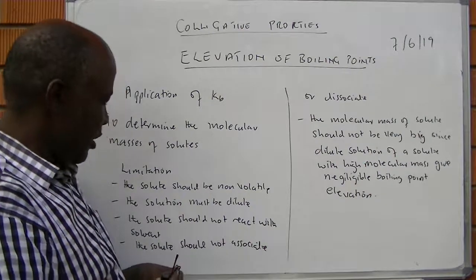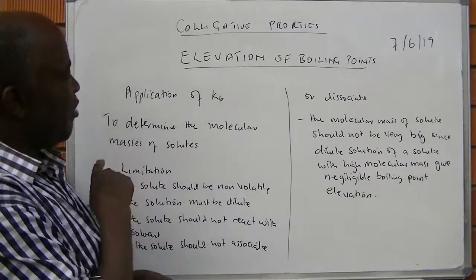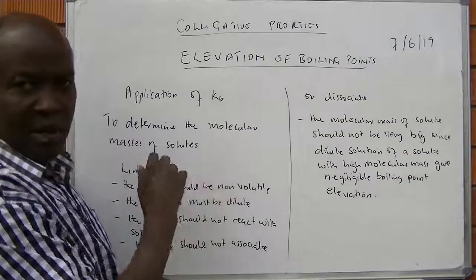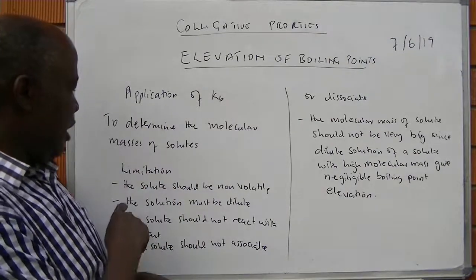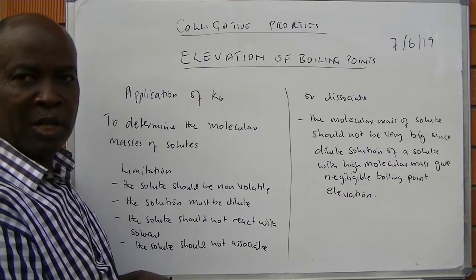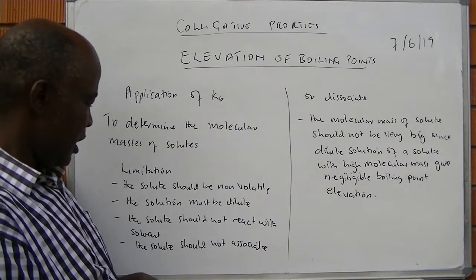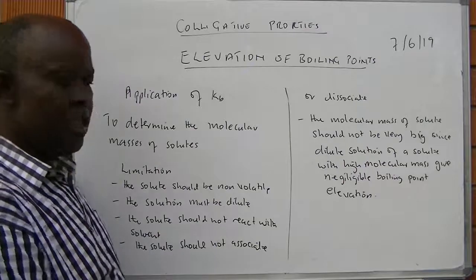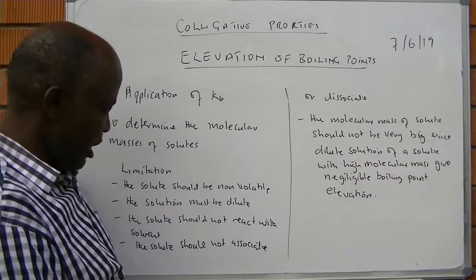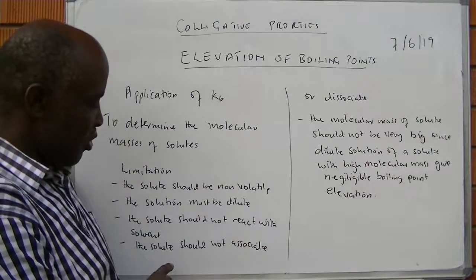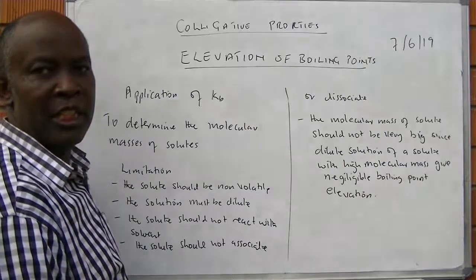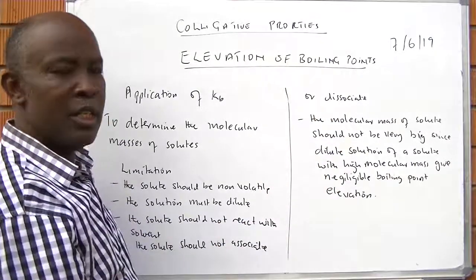Then limitations. If we are to get accurate results for molecular masses, the solute must be non-volatile, the solution must be dilute, the solute should not react with the solvent, and the solute should not associate or dissociate.